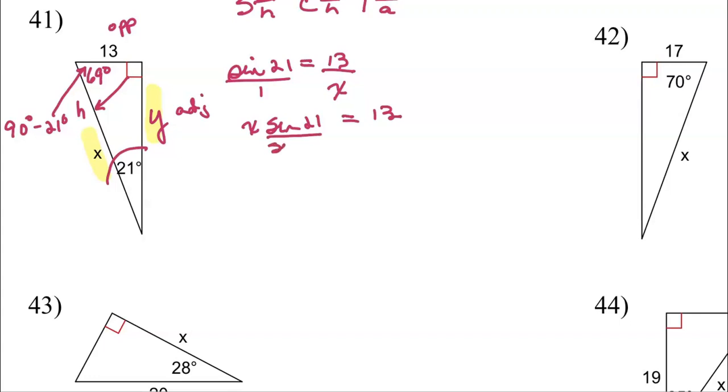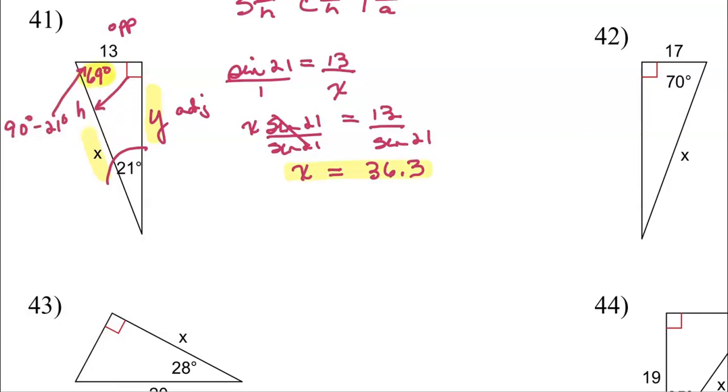Therefore, to get x by itself, divide both sides by the sine of 21. So in my calculator goes 13 divided by the sine of 21. And I'm going to round everything to the nearest tenth. X is going to equal 36.3. Okay, so that's another value that I found.